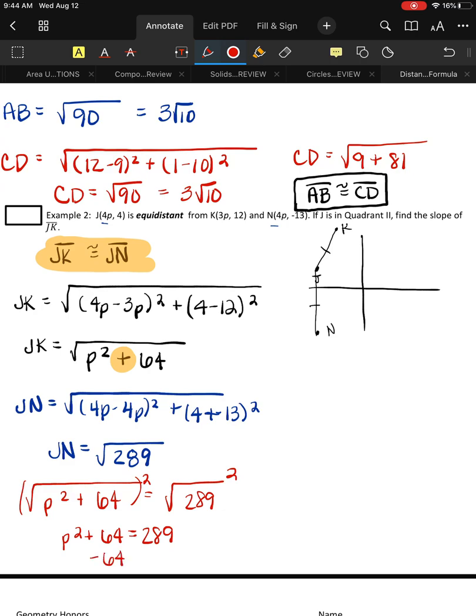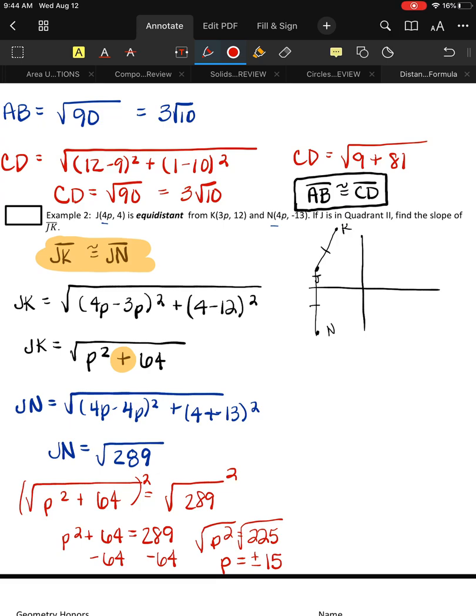Remember, that's our goal so that we'll be able to find the slope. So 289 minus 64 is 225, and p squared is equal to 225. To solve for p, we take the square root, and we get p is equal to plus or minus 15. Don't forget that plus or minus. If you take the square root, you have to consider both of them.